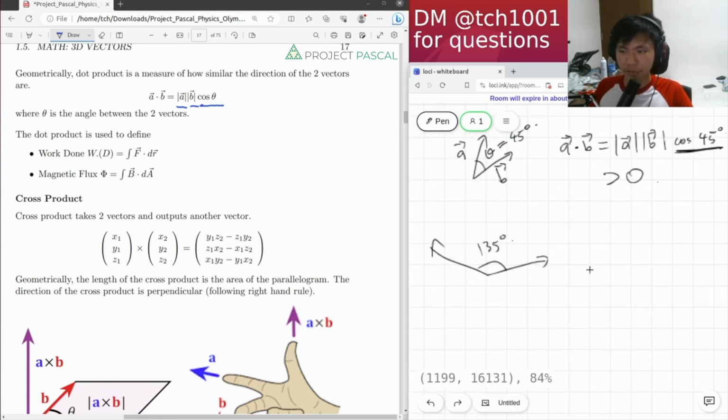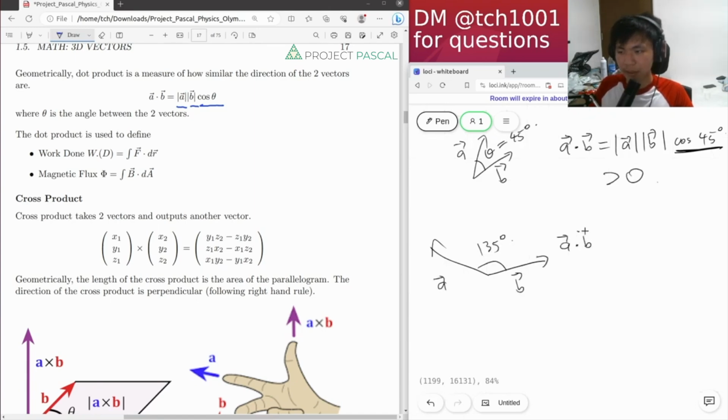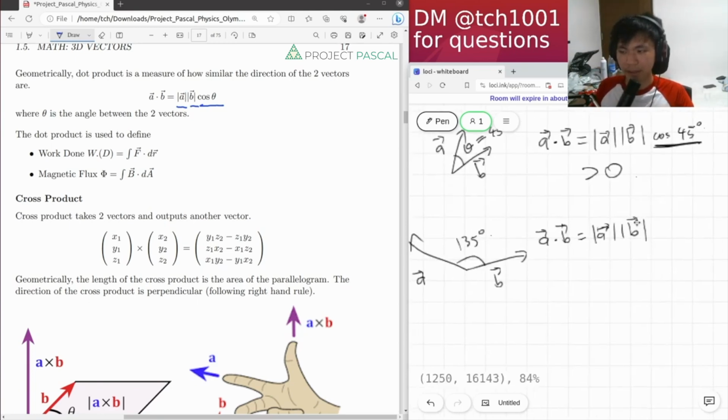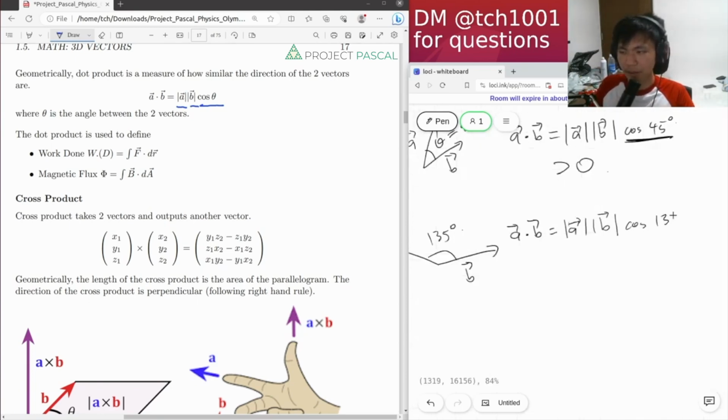But in the second scenario over here, where we have, for example, a and b, the dot product of these two vectors is the product of two lengths, which are once again positive quantities, right? The two lines over here denote the length of the vectors, and if we multiply by the cosine of 135 degrees, cosine of 135 is actually a negative quantity. It's less than 0.